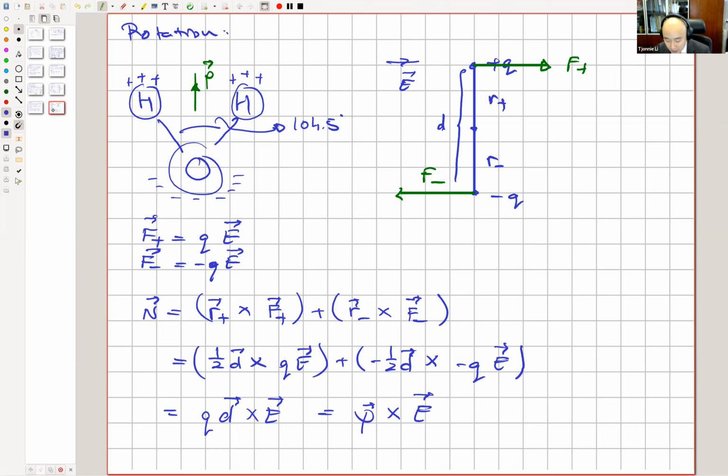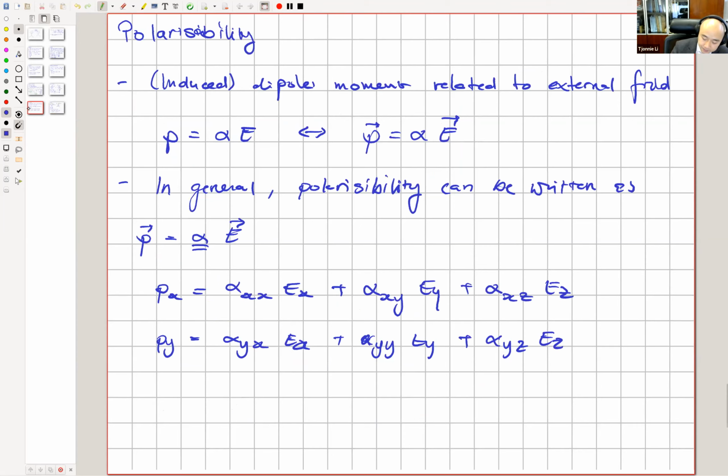Even though I've given you two examples, hopefully from at least the molecule perspective, once they have to follow a certain crystalline structure, it is no longer necessarily the case that whatever external field I apply, I get a dipole moment exactly in the same direction.